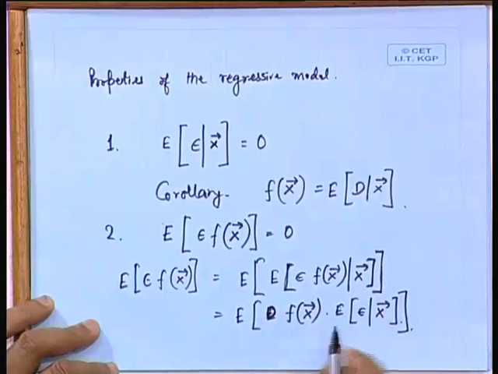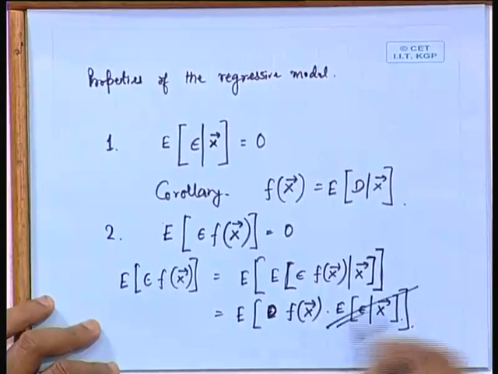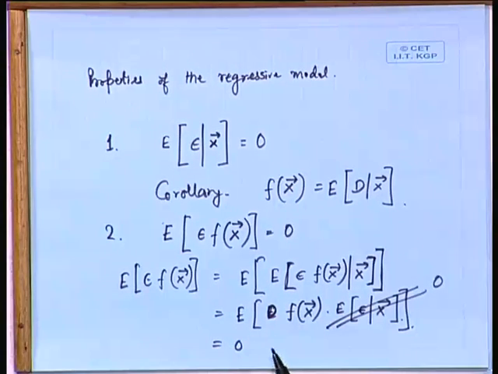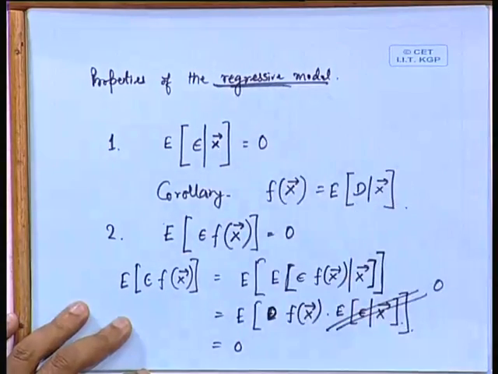This quantity we already know is equal to 0. So this is equal to 0. So the expectational error is uncorrelated with respect to the regression function f(x). This is a property of the regressive model.